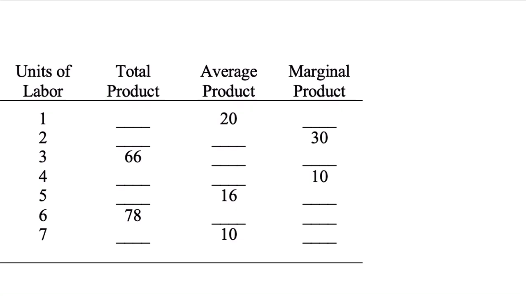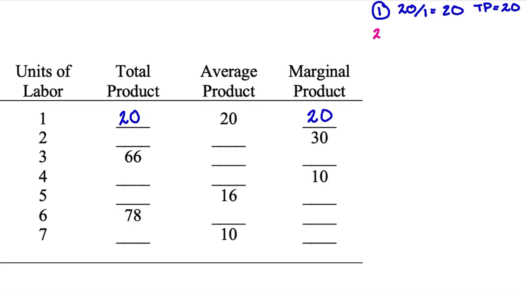So for the first row, you're just taking it all the way across because our average product is just 20 divided by 1, which is 20, which means our total product has to be 20. And if our marginal product when 0 workers is 0, that means this worker added 20.